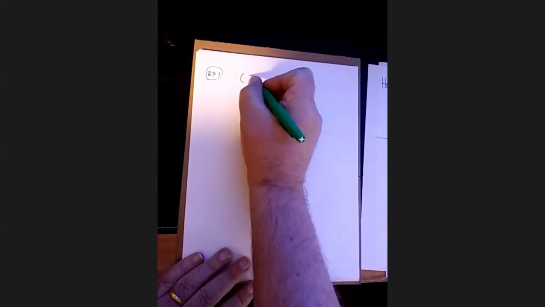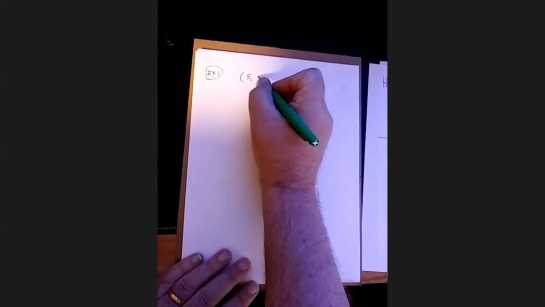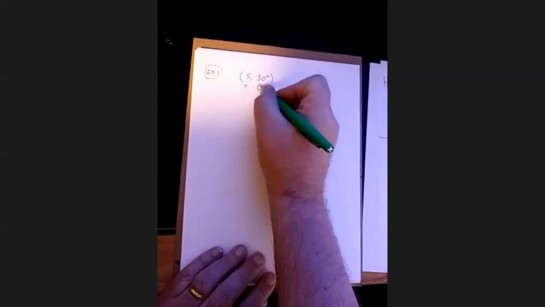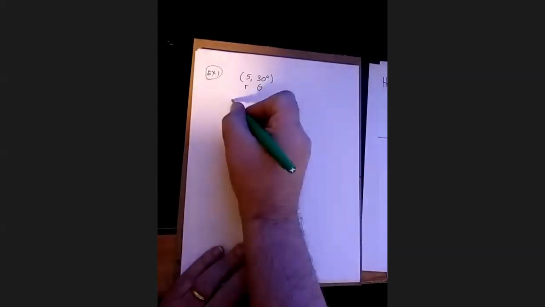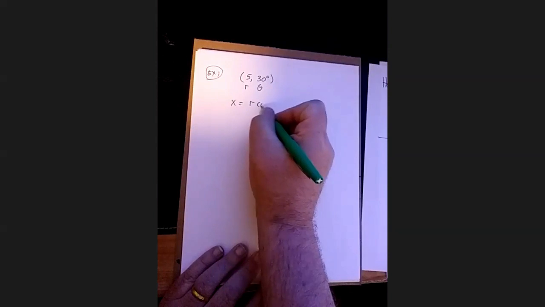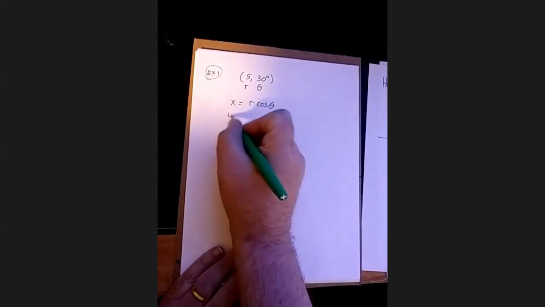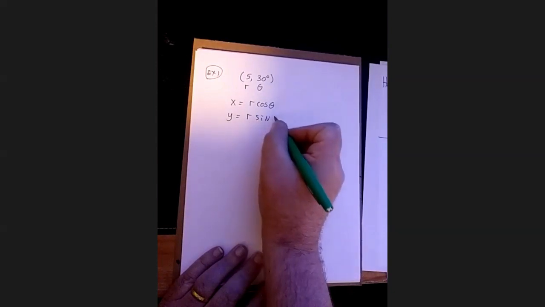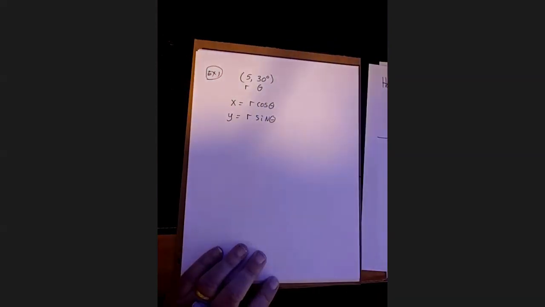So let's suppose, for my first example, I gave you 5, 30 degrees. So this is r, this is theta, obviously. Then its x coordinate is r cosine of theta, and its y coordinate would be r sine of theta. So far, so good.